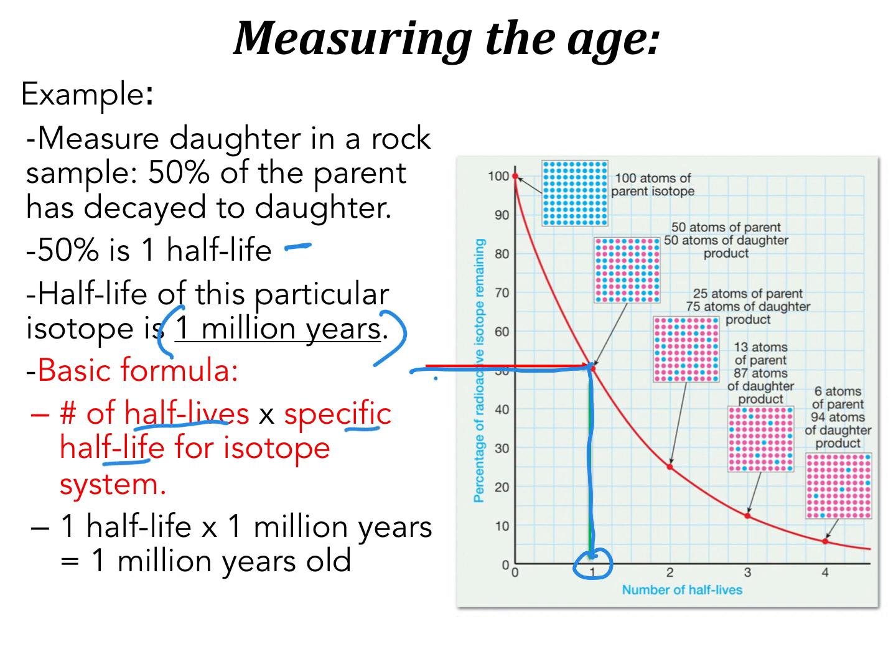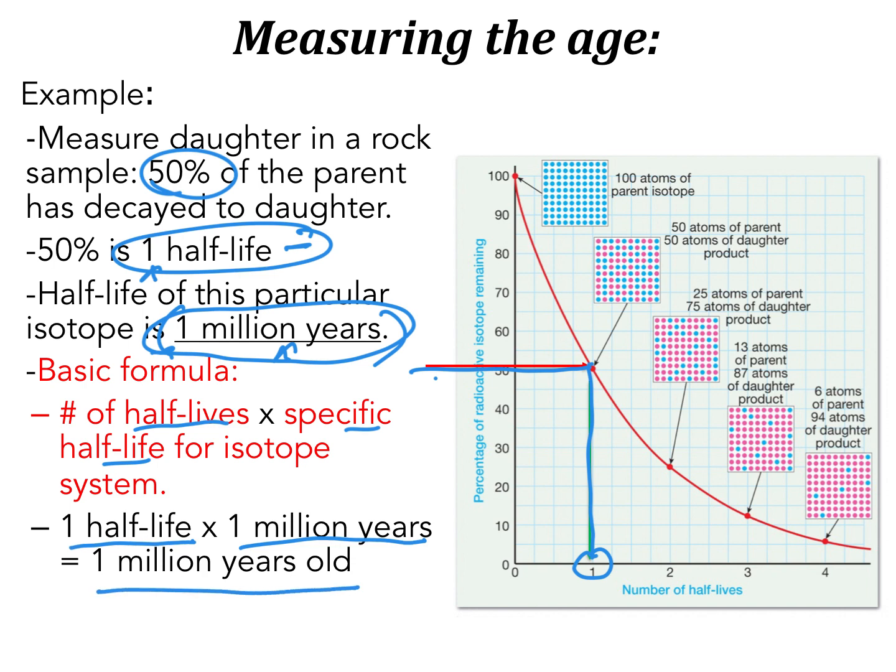So in this case, the specific half-life is 1 million years, and the number of half-lives is 1, which we know by using the percentage of parent. So all we have to do is say 1 half-life, because that's how much has passed, times 1 million years, because that's the half-life of our system, and we get that this rock is 1 million years old.